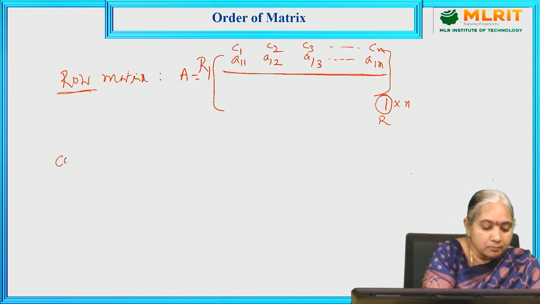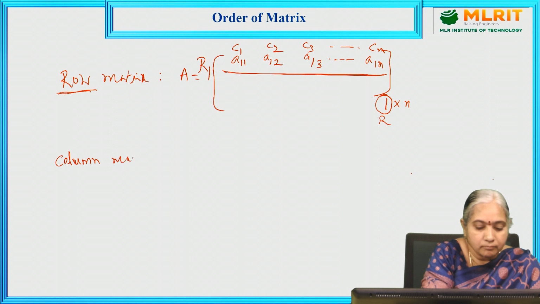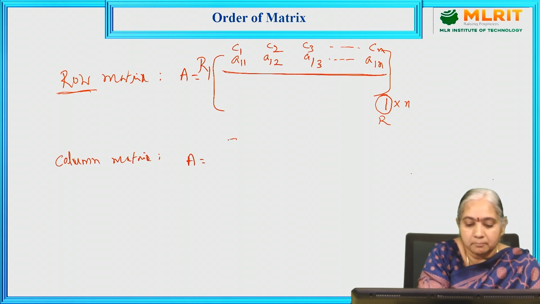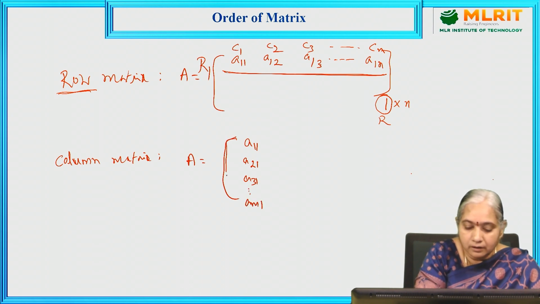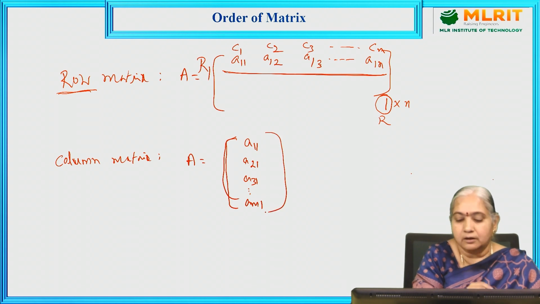Similarly, the column matrix. Take the example A equal to a11, a21, a31, up to am1.